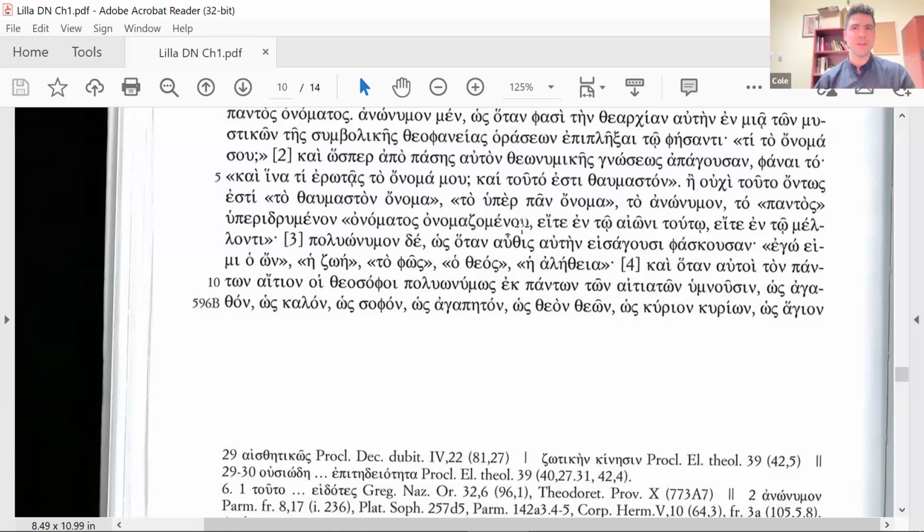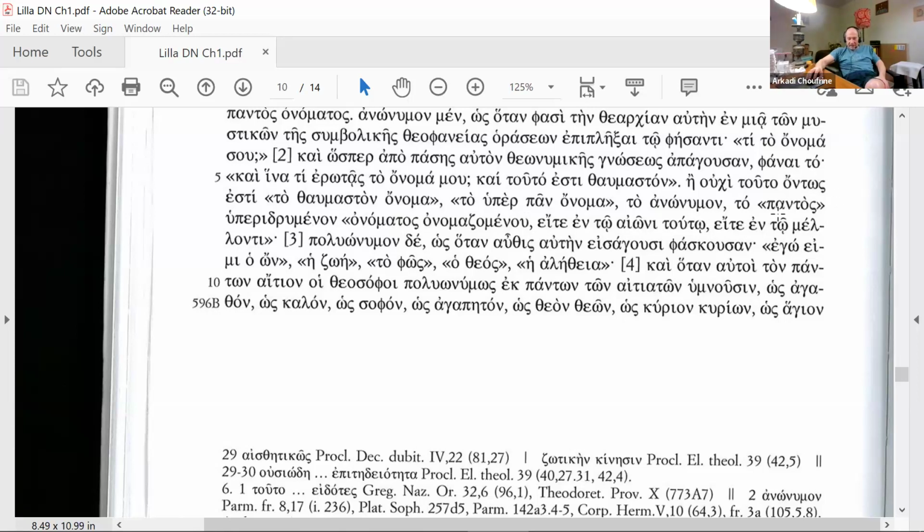"The name above every other name." So they didn't render the verbal aspect, because of course it's a participle. Onomazomenou is not "the one being named above every name," right?